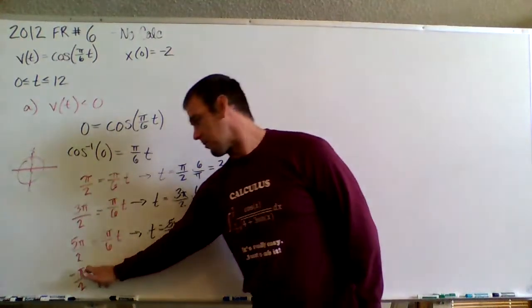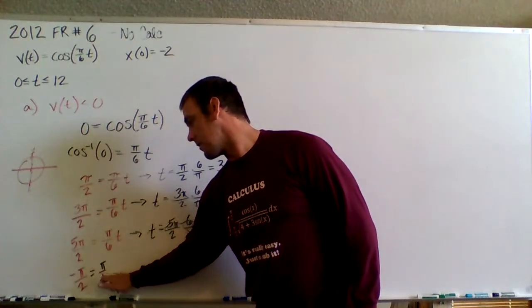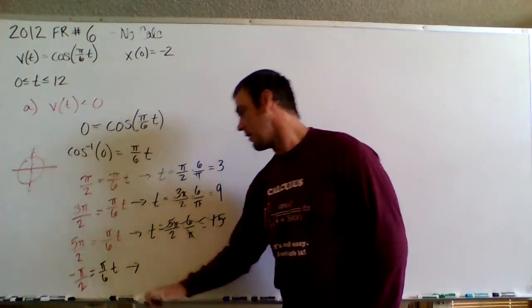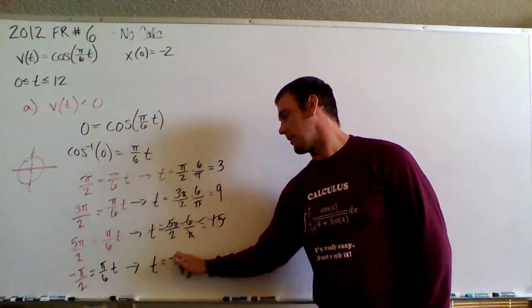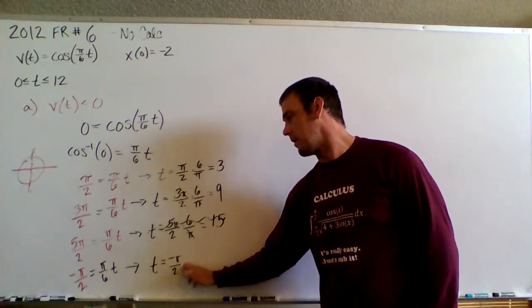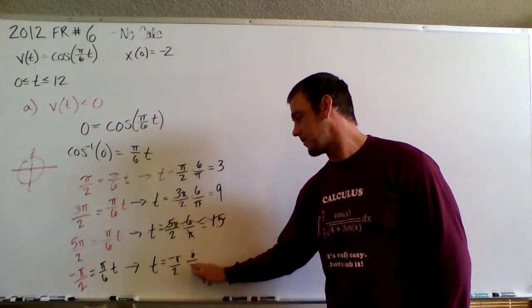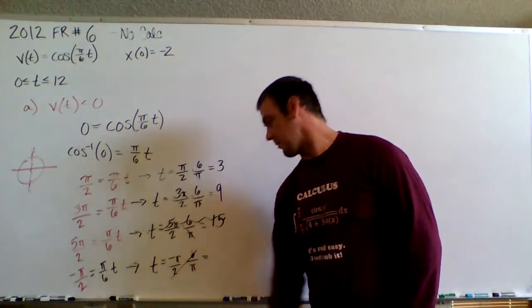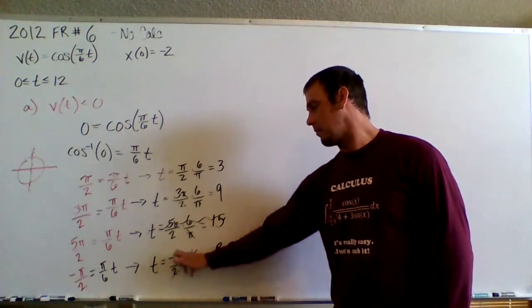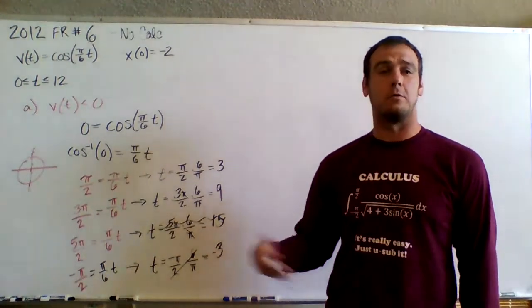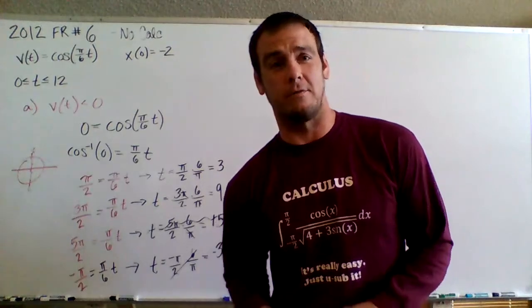If I were to check this one out, t equals negative pi over 2 times 6 over pi. My 6 over 2 turns into 3. Pi's cancel. This is negative 3, which once again is not in our boundaries from 0 to 12.